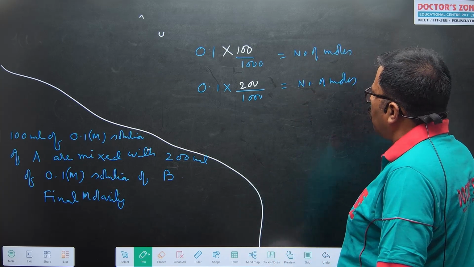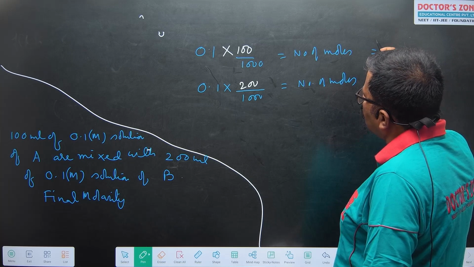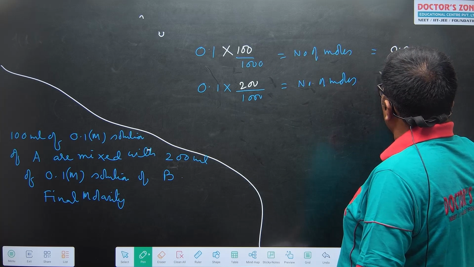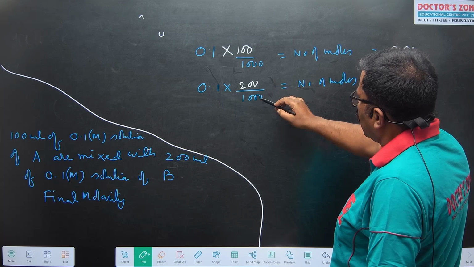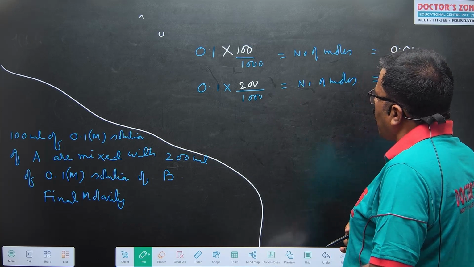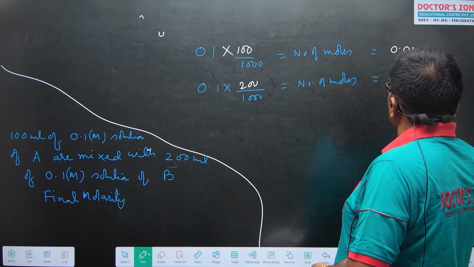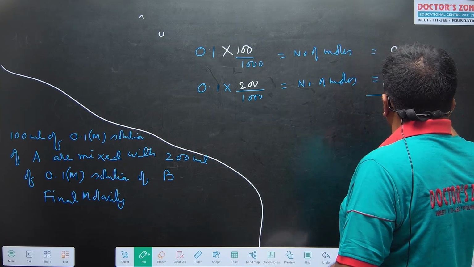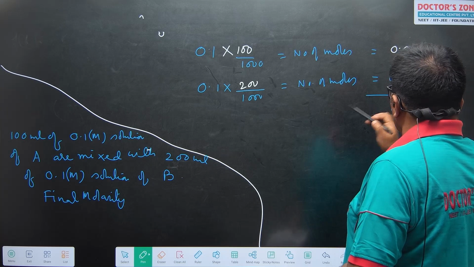So what will be the answer here? It will be 0.01. And here it will be 0.02. So total moles, if you add, will be 0.03.